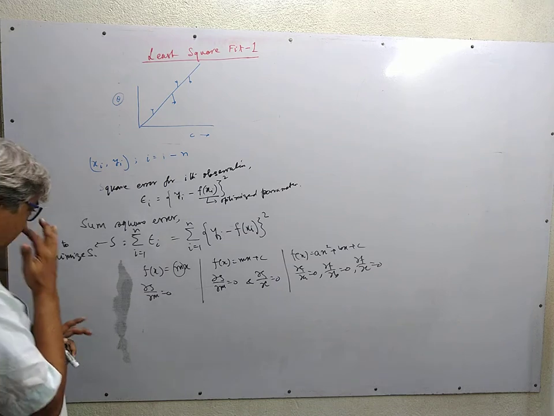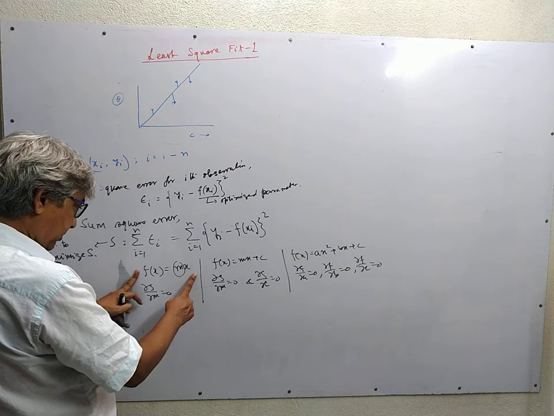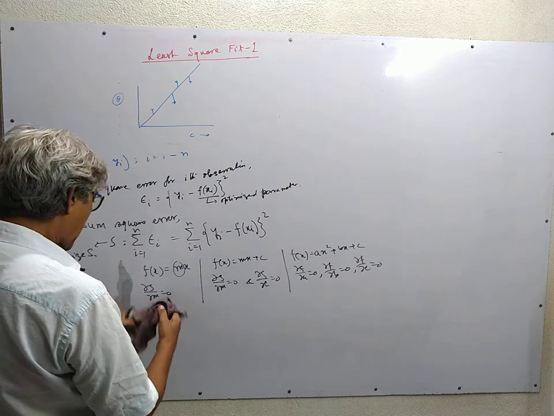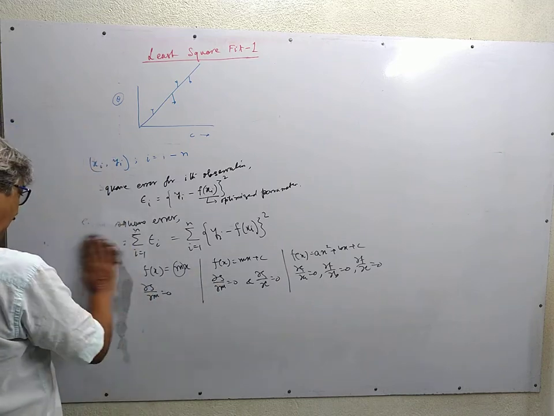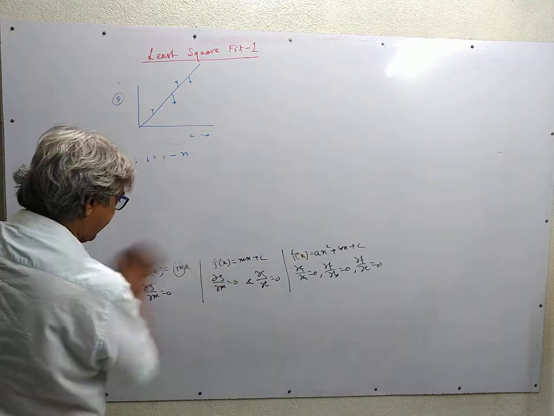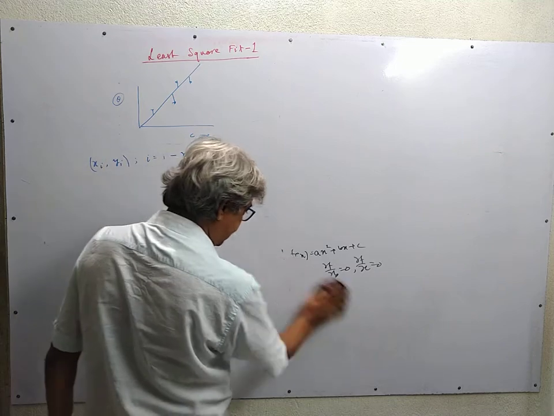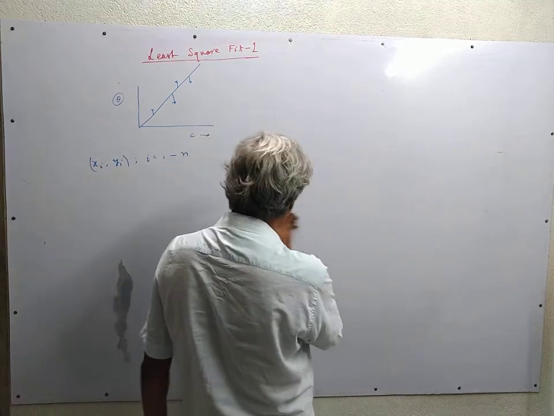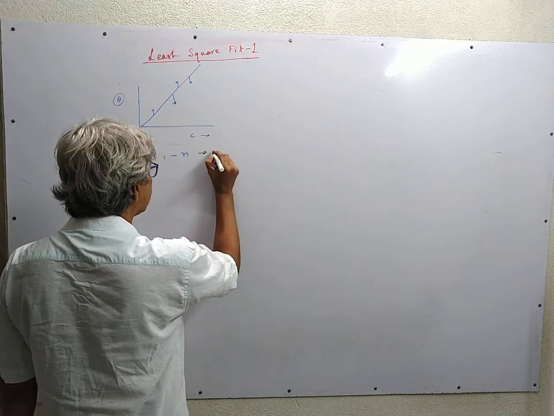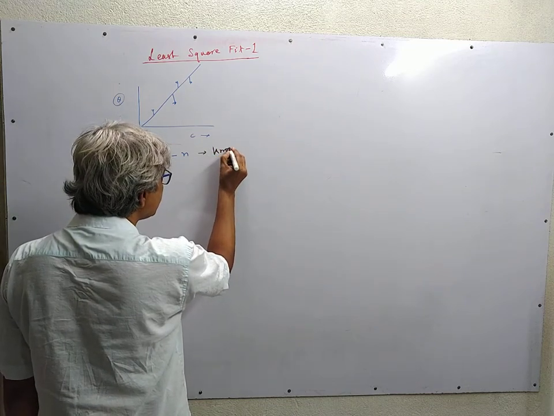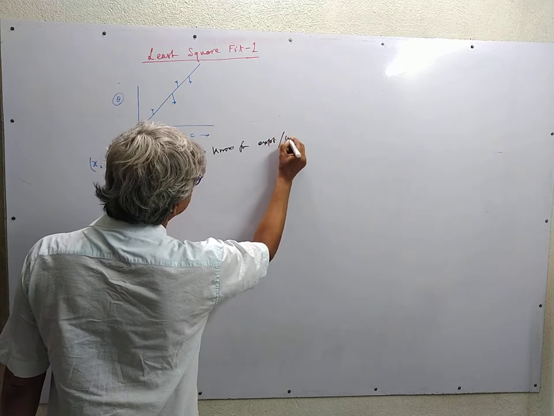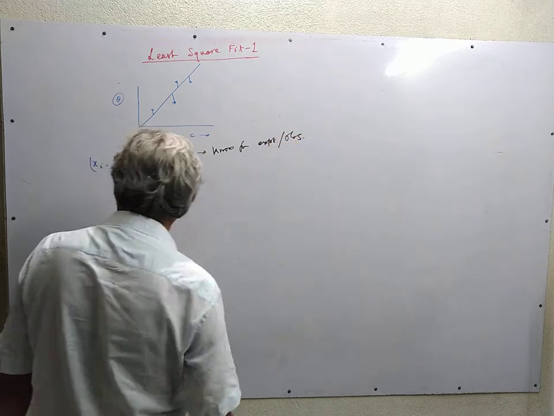Firstly, I will take the example like this one and show you how to get the value of m. So we have a set of data xi, yi from i equal to 1 to n. They are known from the experiment or observation, whatever it may be.